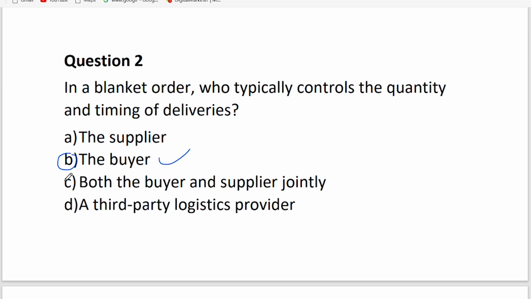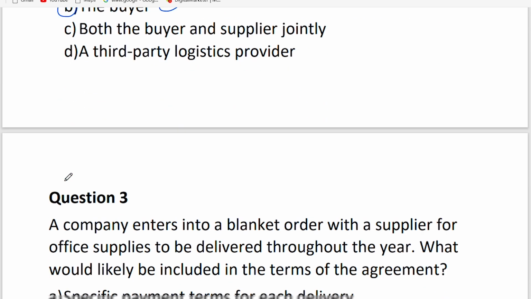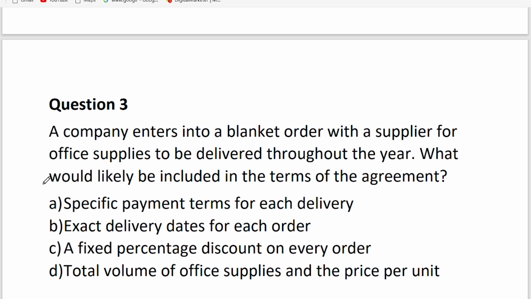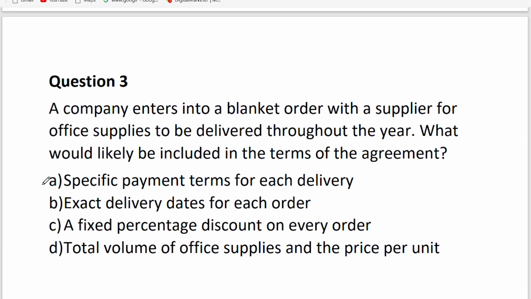I don't know what you chose. So, third question. A company enters into a blanket order with a supplier for office supplies to be delivered throughout the year. What would likely be included in the terms of the agreement?